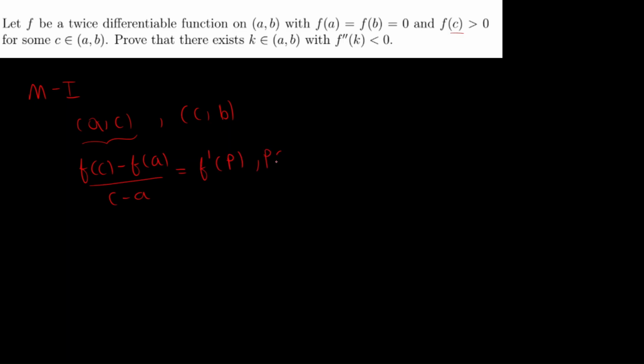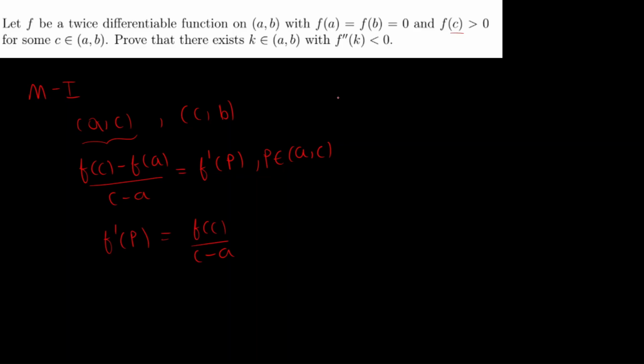P belongs to (a, c). F(c) is just a positive quantity. F(a) is given 0. Therefore we get f'(p) is equal to f(c) by (c - a).